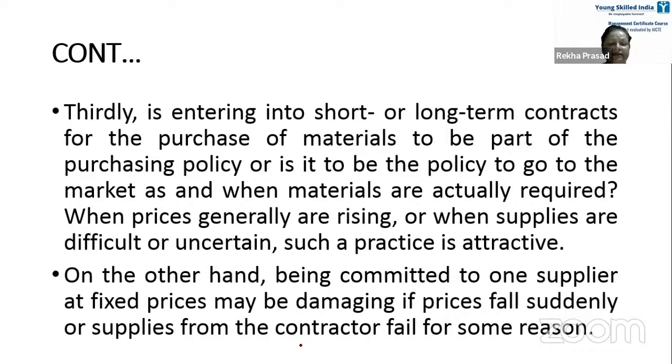And meanwhile, there are other suppliers which are selling it for a lower cost. So they cannot change. So looking at the market dynamics, the term of the contract should depend upon that.